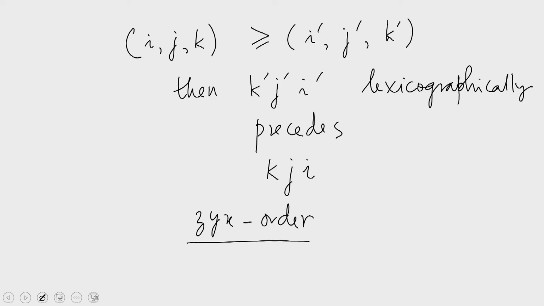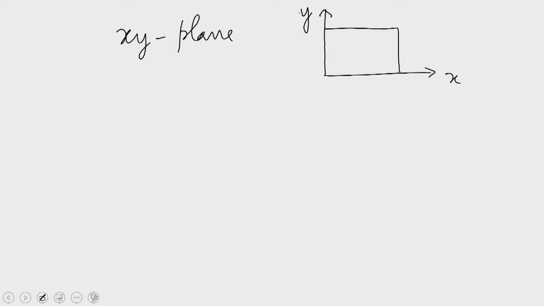So when we talk about a two-dimensional plane, using the standard notation, if I write x along the horizontal axis and y along the vertical axis, and this is how I look at a plane, the xy plane, if I sort in yx order, which is the same as the x major order, x would be moving first.